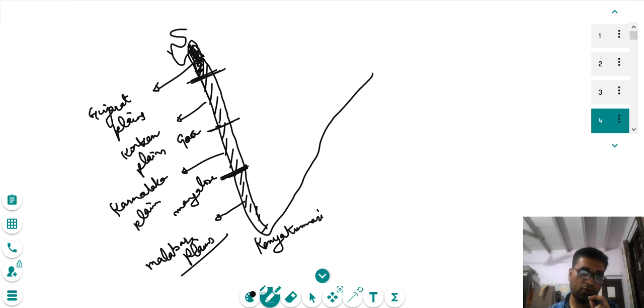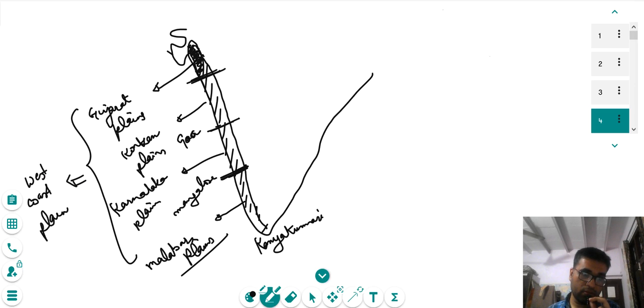So this is the division of the west coast plains. So these are collectively called what? West coast plains, right?